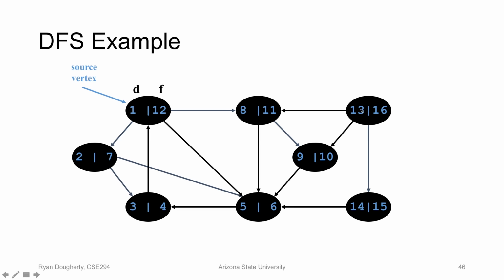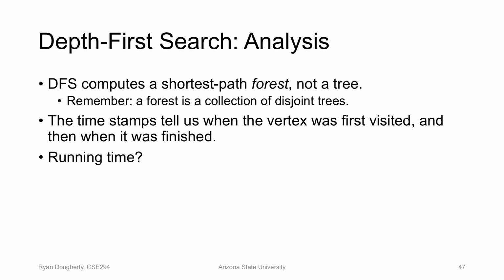Anything that's not strictly between 13 and 16 can't be in this tree. So it helps us not only make the shortest paths, but it also makes us the forest at the same time. Isn't that so cool? Just simple timestamps was able to reconstruct this. I get goosebumps.